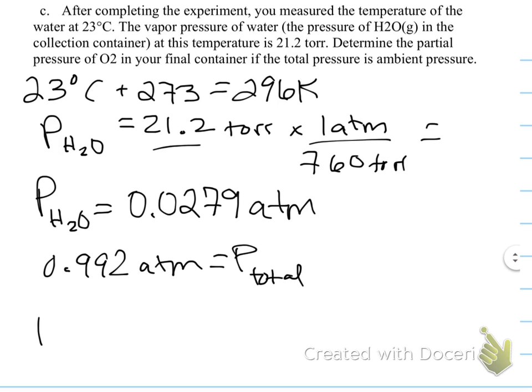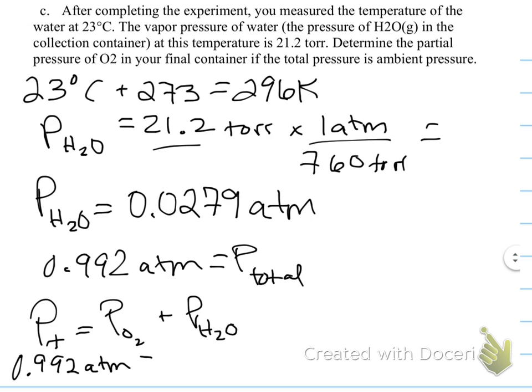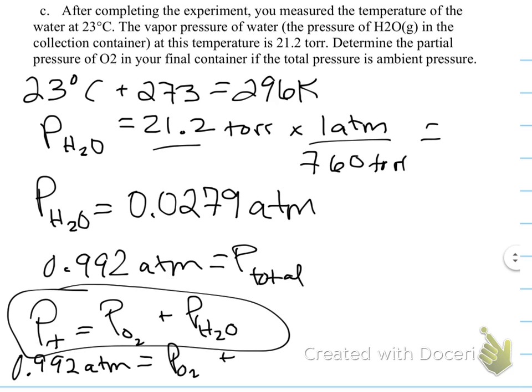Okay. So the P total equals the pressure of the oxygen, which we don't know, plus the pressure of the water, which we do know. So this just boils down to some addition and subtraction. This is Dalton's law of partial pressures, right?